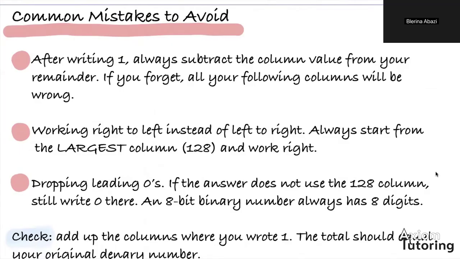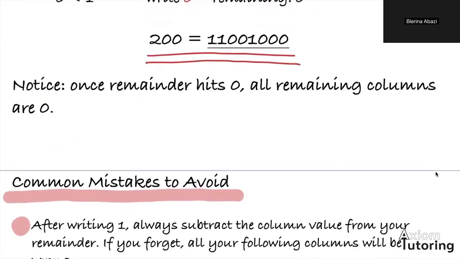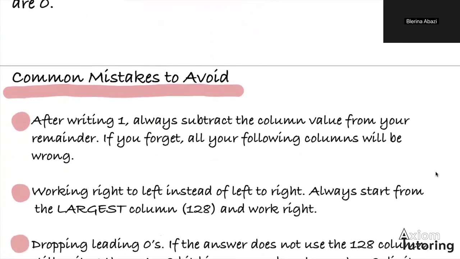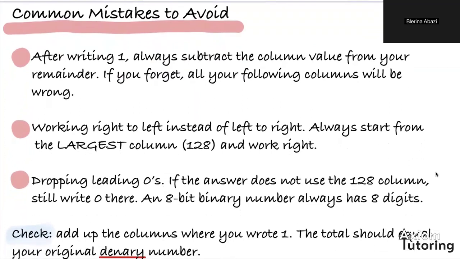The second one is working in the wrong direction. Always remember to start from the left, which is the largest column, and work to the right. So again, always start from the left and then move towards the right. And the third one is dropping leading zeros.